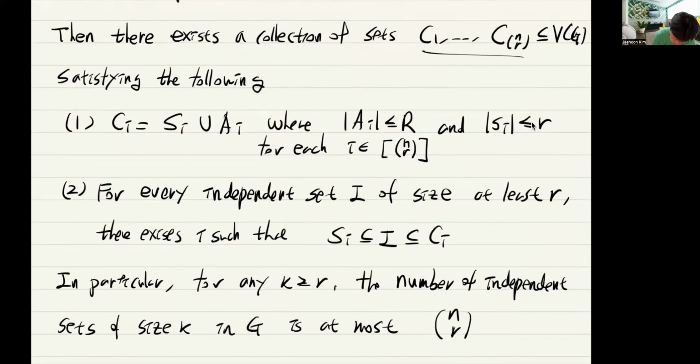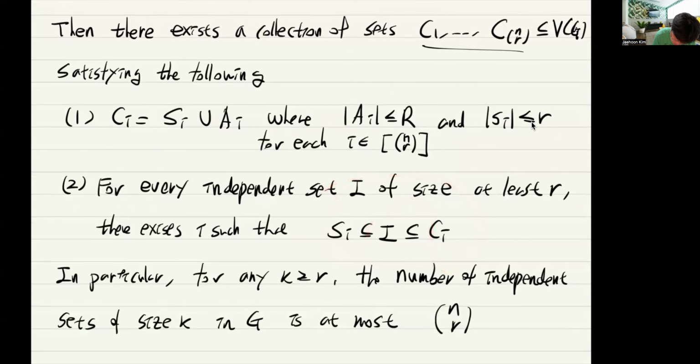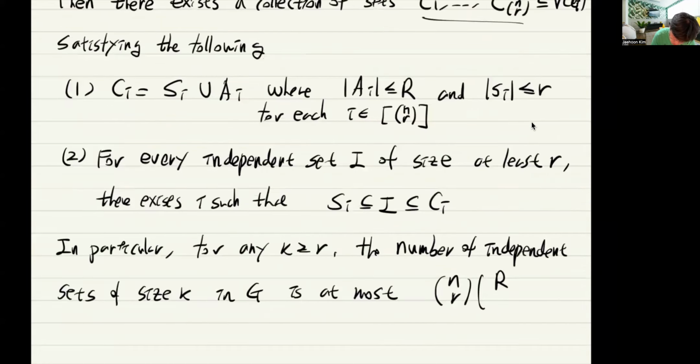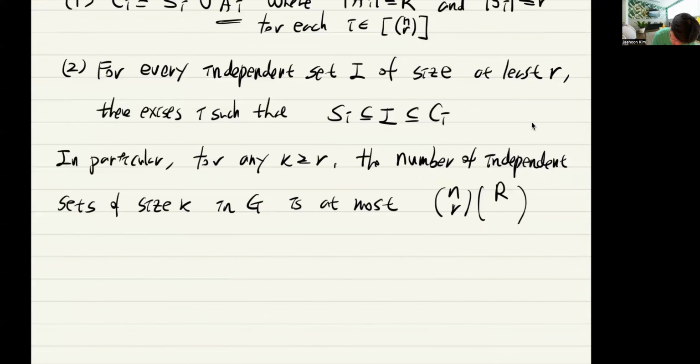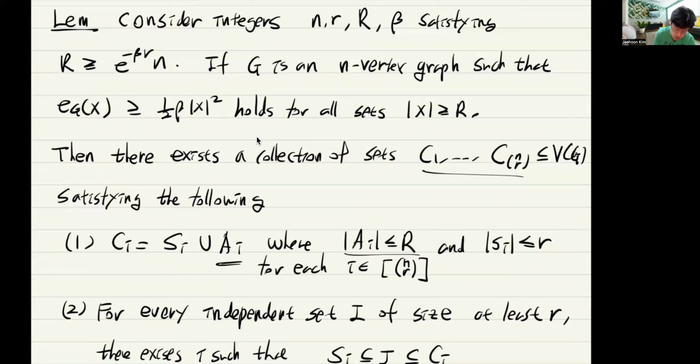So once you choose this i, then we know that this is already in the independent set. And for the rest, you choose from Ai, which has size at most R, and then you choose k minus r. So this provides an upper bound on the number of independent sets in a given graph G which satisfies this locally dense condition.